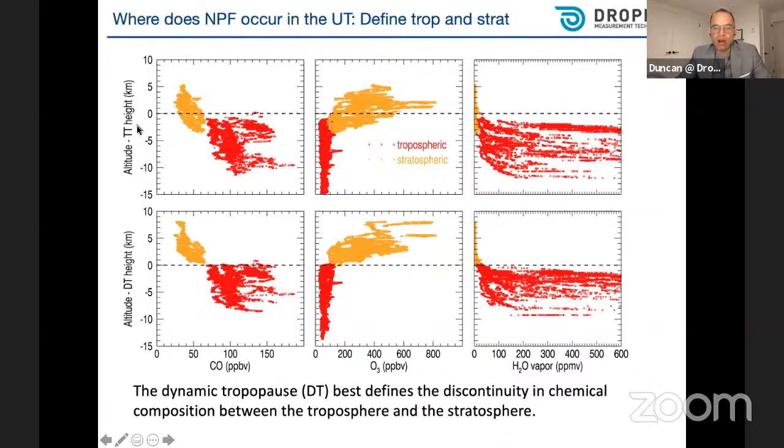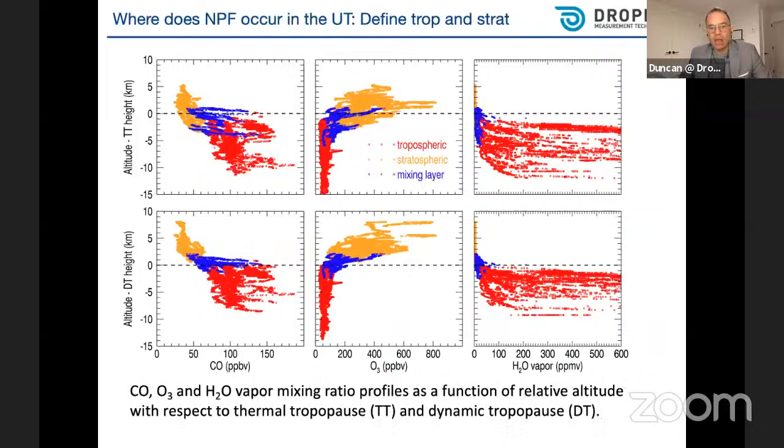When we use the thermal tropopause, the WMO definition of the tropopause, we see that there's not a good separation. So the dynamic tropopause is a better definition in terms of the chemistry that is occurring in the upper troposphere and lower stratosphere. When we look at this mixing layer, we see that this occurs around the dynamic tropopause and also around the thermal tropopause. So the mixing layer may be associated with both of those processes.